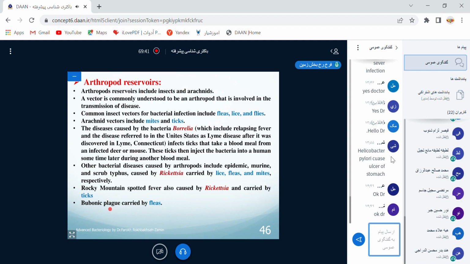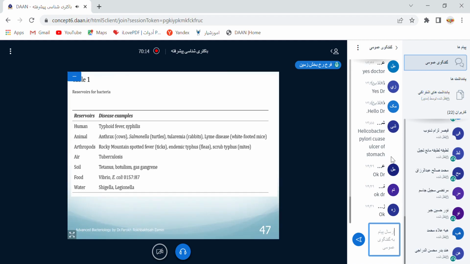So here you understood that different types of insect vectors like fleas, lice, flies, as well as arachnids like mites and ticks are present as arthropod reservoirs and as a vector device for transferring infection from one person to another, from an infected person to a susceptible, sensitive person.